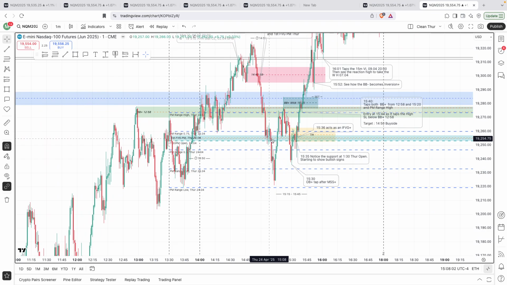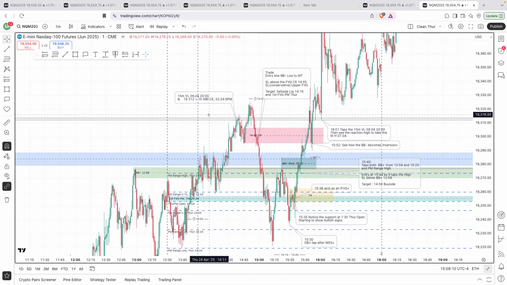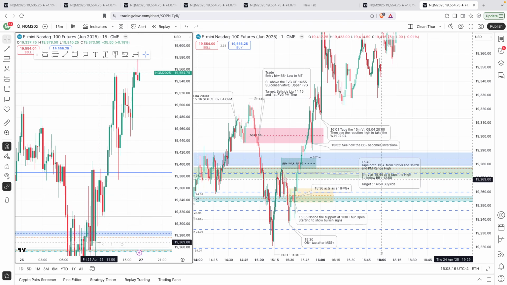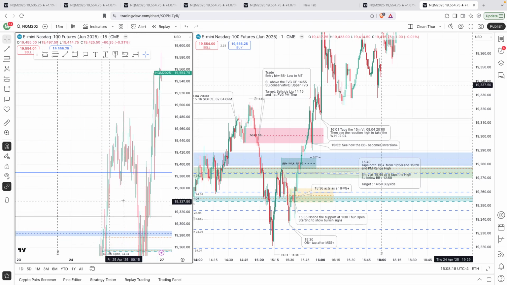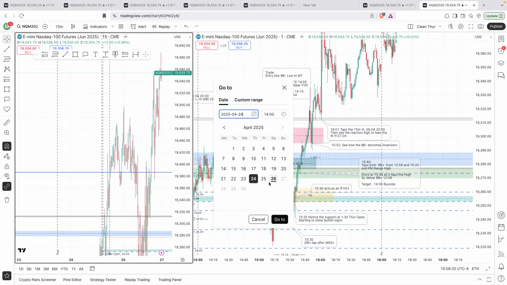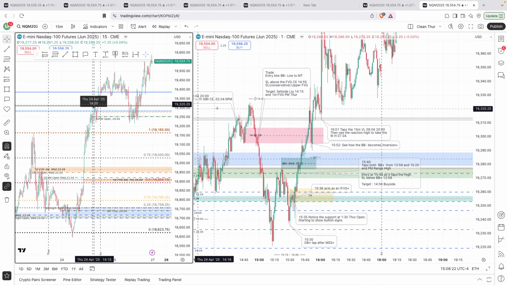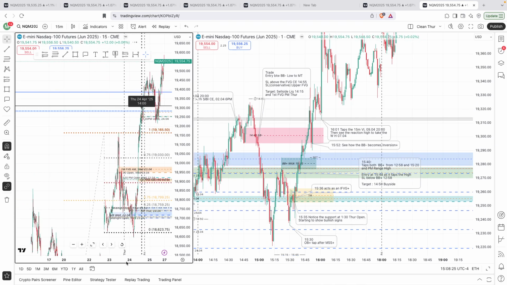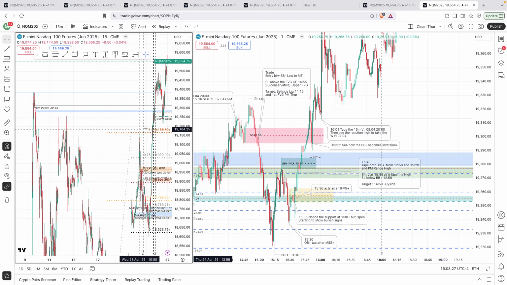We have the first fair value gap. Here we come at, there's a 15-minute volume imbalance at 14:50. So we can see it over here. So this is a very relevant volume imbalance.